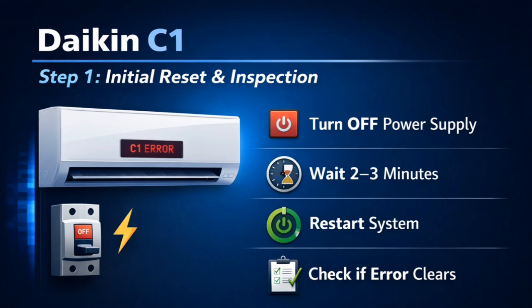Once restarted, many units may automatically clear the error. Even if the error persists, this step helps ensure that any transient faults aren't mistaken for more serious issues. Think of it as giving your AC a fresh start before diving deeper.